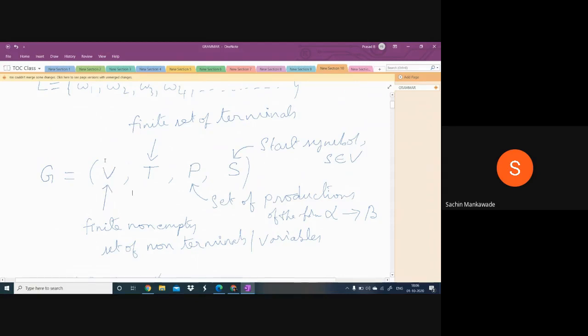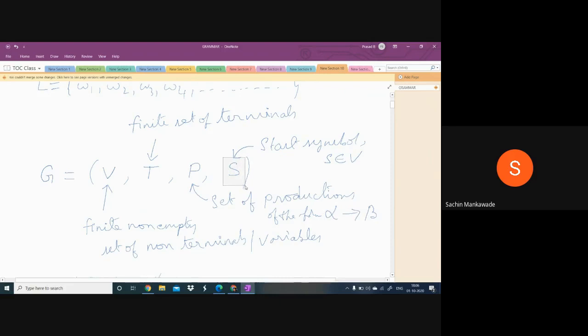So V is the set of non-terminals, T the set of terminals, and P is the set of productions, and productions are of the form alpha to beta. The set of productions is countable, a finite number of productions, maybe 1 or 100 or 1000 or 1 lakh or 1 crore, any number, but it should be countable, and every production will be of the form alpha derives beta. What alpha and beta are, we will see later.